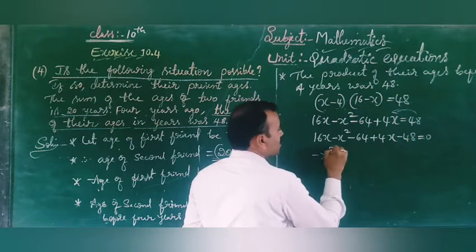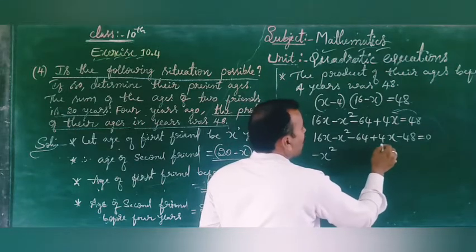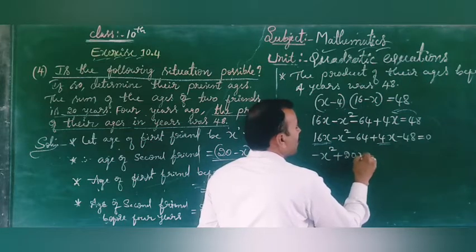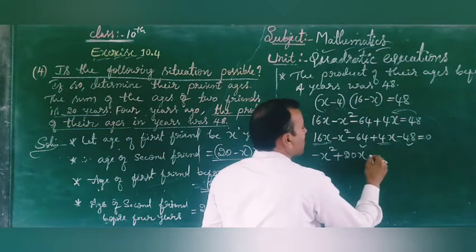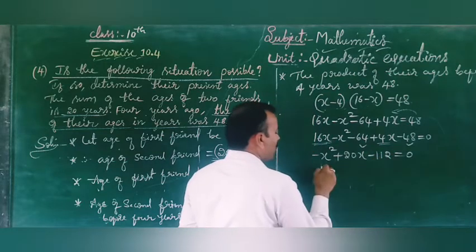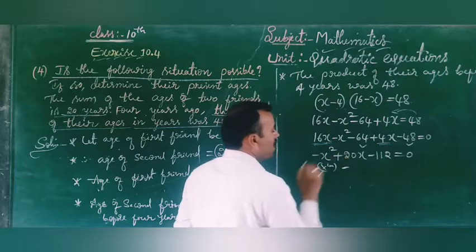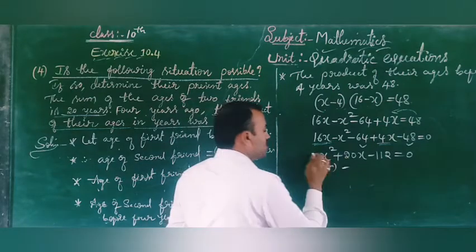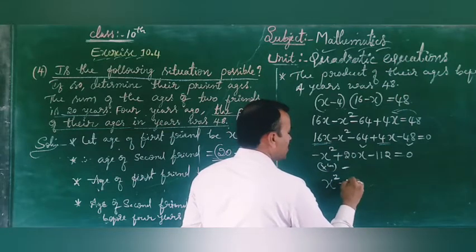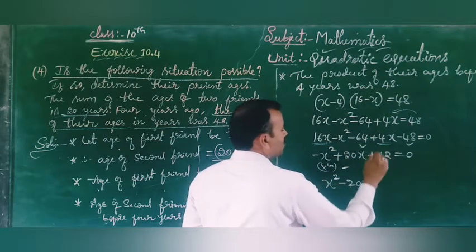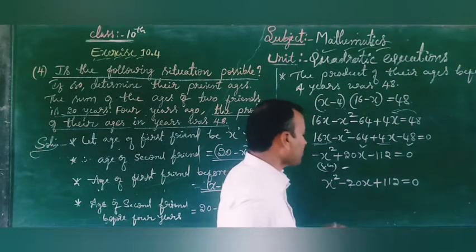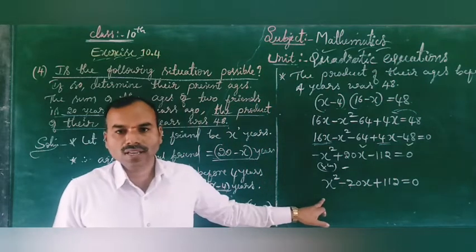Combining, minus x square plus 20x minus 112 equals 0. Multiply throughout by minus 1: x square minus 20x plus 112 equals 0. This is the required quadratic equation.